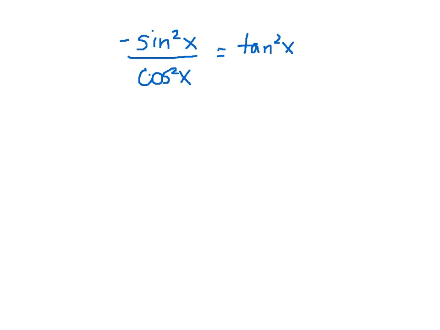So if we have our negative sine squared x over cosine squared x, that's equal to a negative tangent squared x, we know that a sine over a cosine on the left here is going to turn this into a tangent. So this is going to be a negative tangent squared x on the left, which will be equal to a negative tangent squared x on the right.